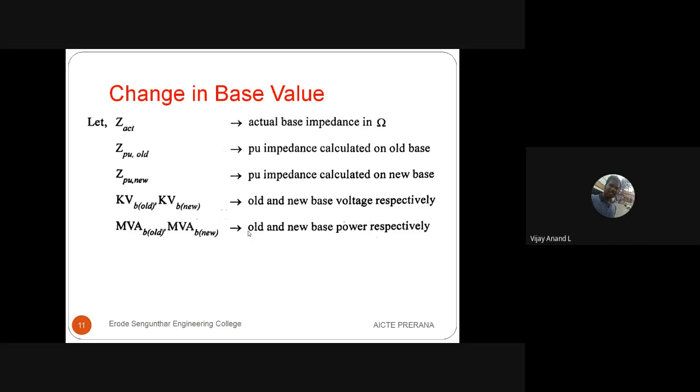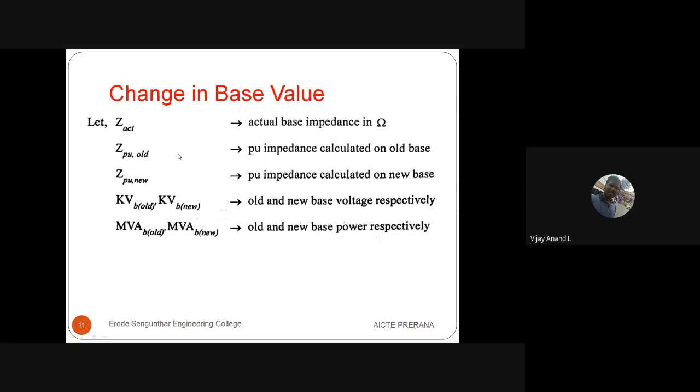Next, we see the change in base value. How we are going to change the base value can be seen in this session. Let us know Z actual is nothing but actual impedance in ohm.